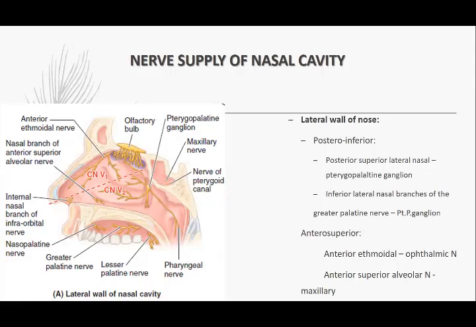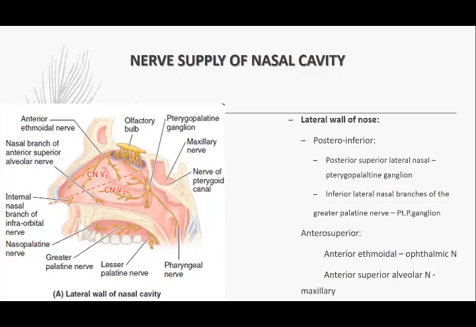Okay, let me repeat. In the anterosuperior part, you have the anterior ethmoidal. Plus you also have a contribution from the anterior superior alveolar, and the name itself is anterior superior alveolar, dear. So it supplies from there too. This is a branch of the maxillary. Besides that, in the posteroinferior part there is the pterygopalatine ganglion.